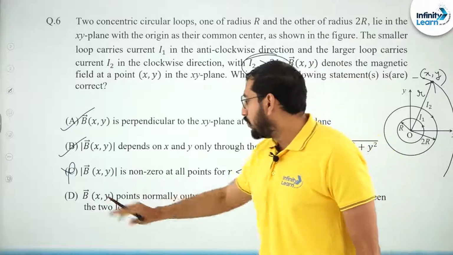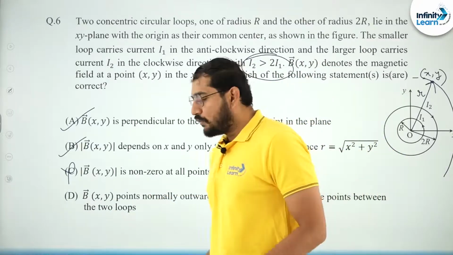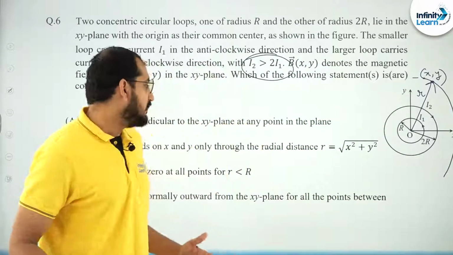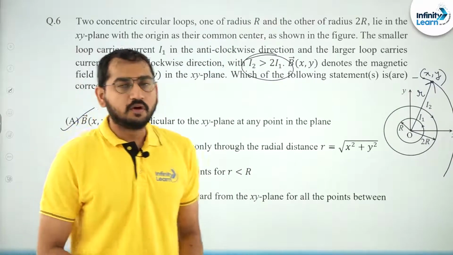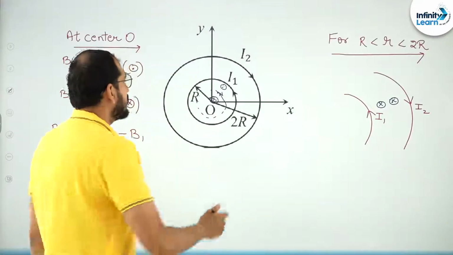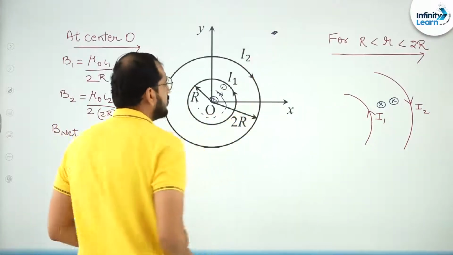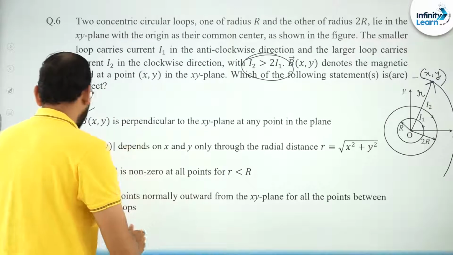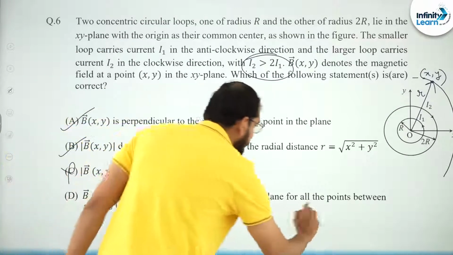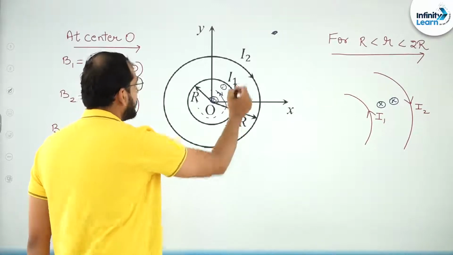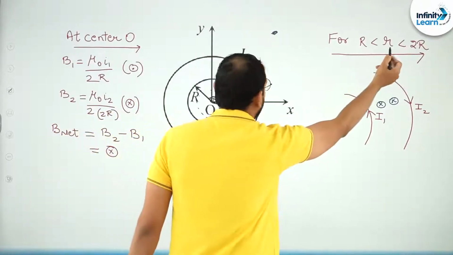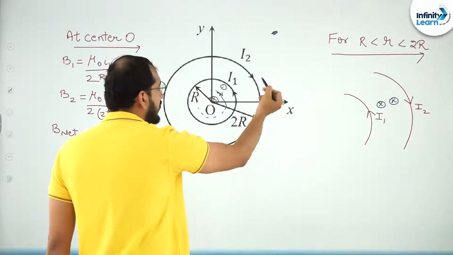Now moving on to option D. Option D is about the magnetic field at points between the loops, in the range between capital R and 2R.